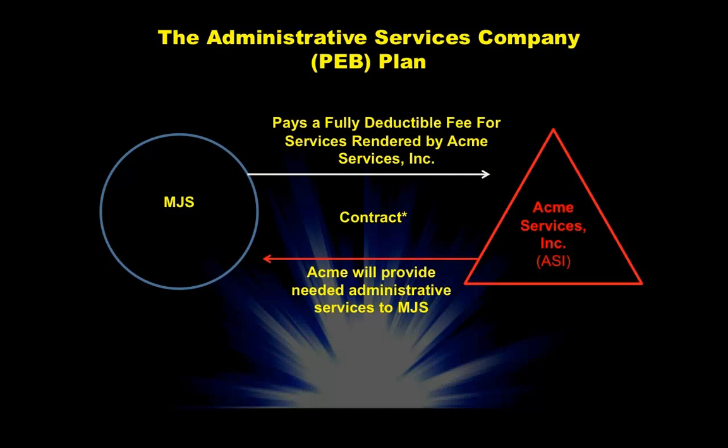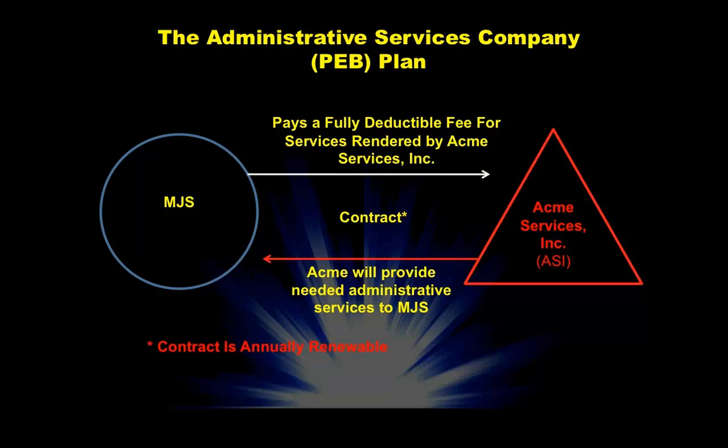We're creating an ordinary and necessary business expense trail here, and we are doing so using a contractual relationship. Acme, in turn, will provide administrative services back to the operating company, and those services can include things like HR functions, employee benefits, marketing and advertising, financial services, purchasing, and so on. In other words, anything you would typically use a third-party contractor for, Acme Services can in fact provide.